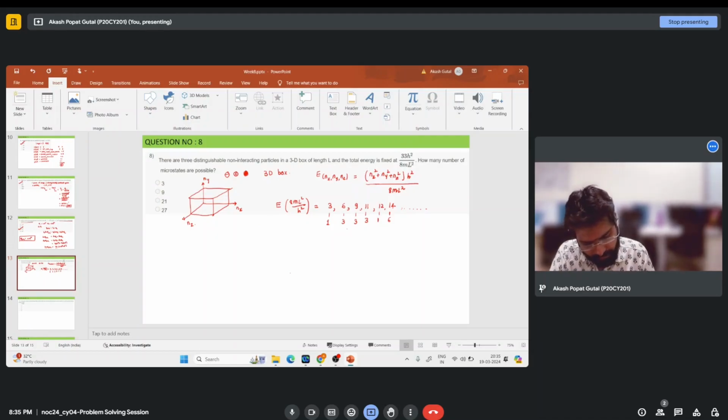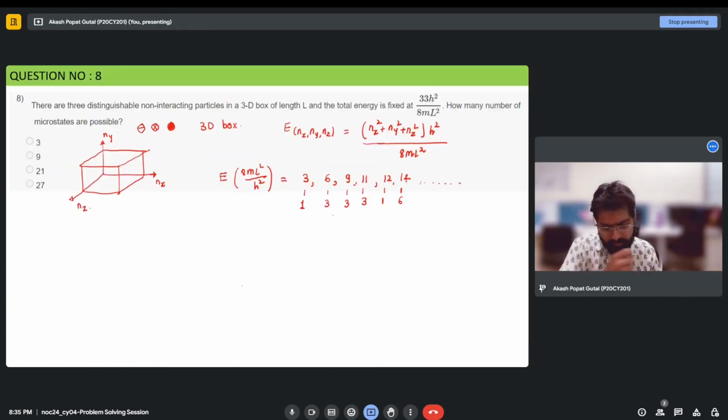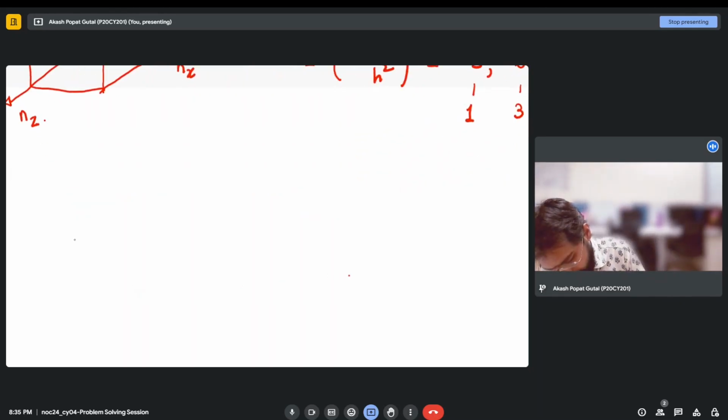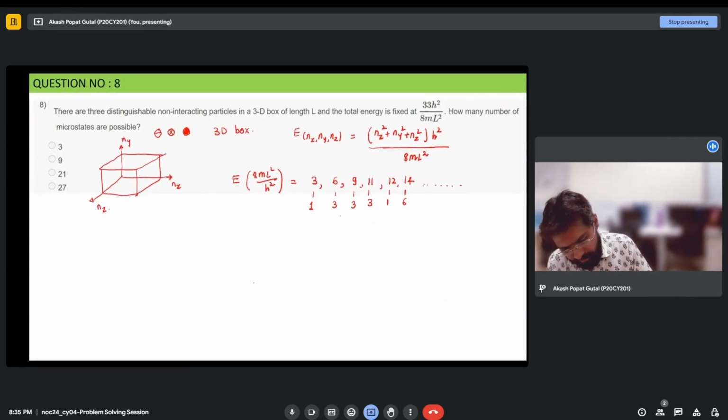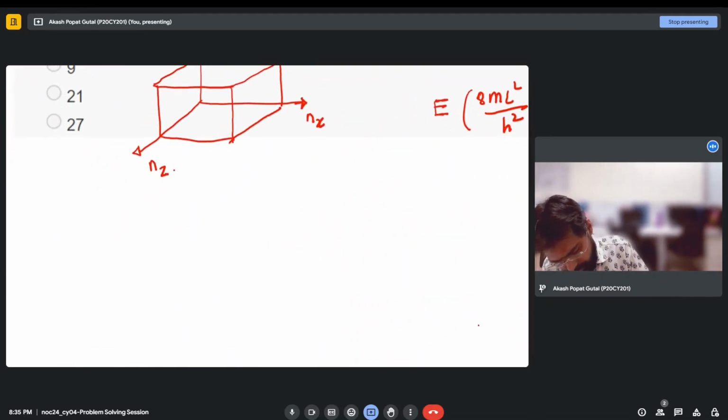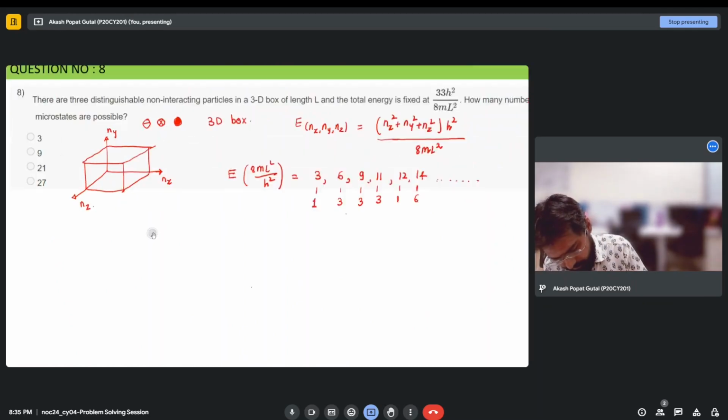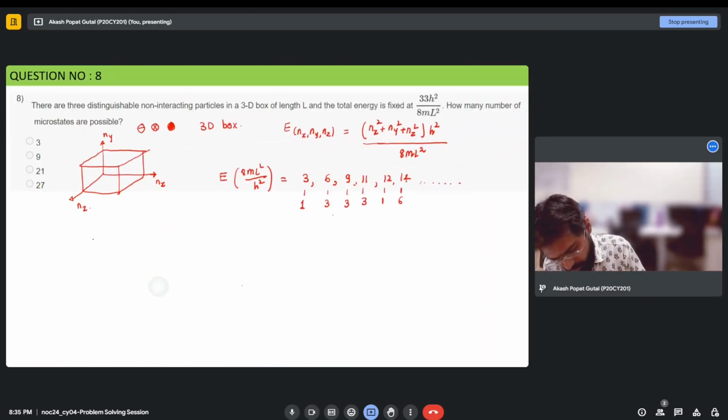So each particle can have this range of energies. And we are provided that the total energy is always constant. The total energy E is actually 33 h square by 8 m l square.